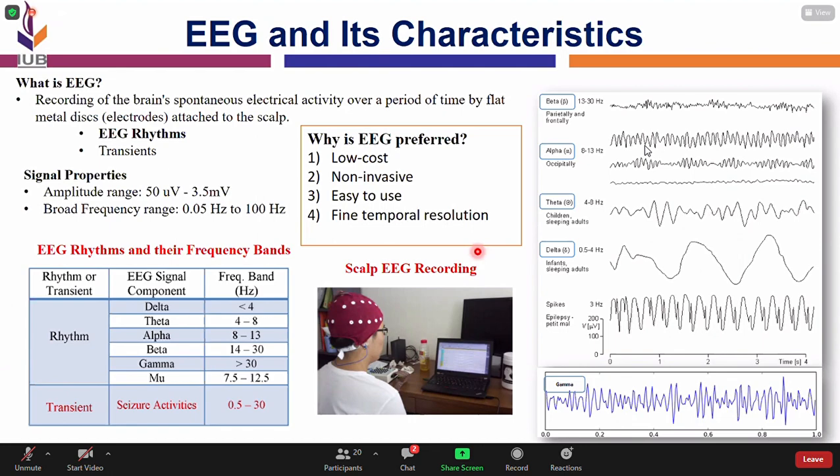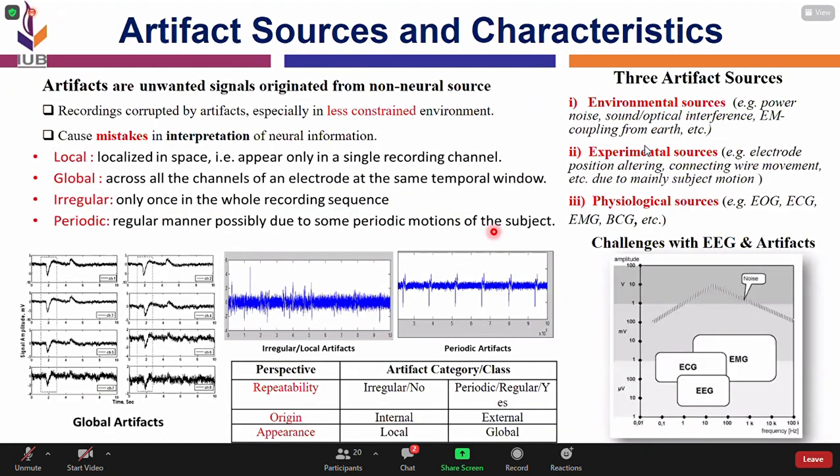Moving on, if you take a look at the artifact characteristics and the sources, we can have artifacts from 3 different sources: environmental, experimental, or physiological. Artifacts can appear in different forms. They can appear locally or globally, with an irregular pattern or periodic pattern. Whatever it is, artifacts are unwanted signals that come from non-neural sources.